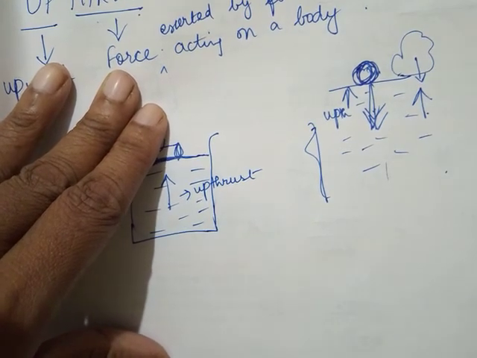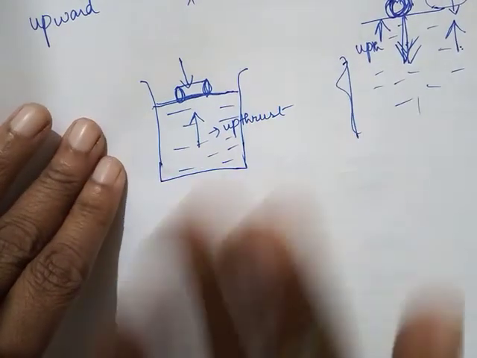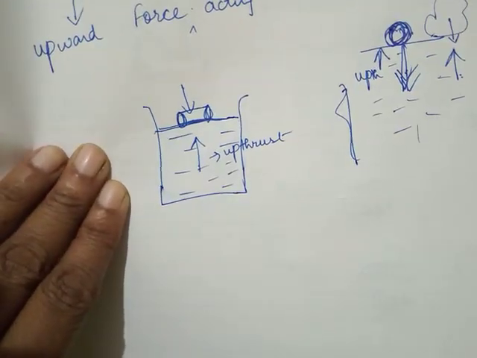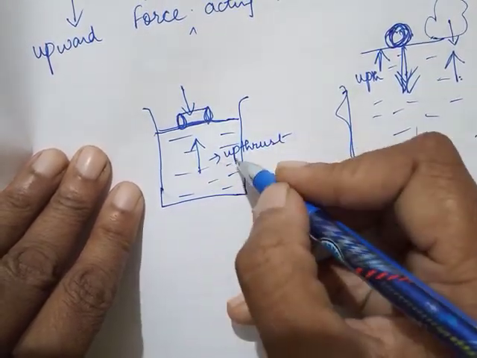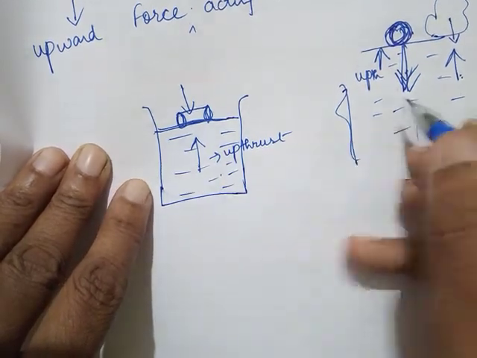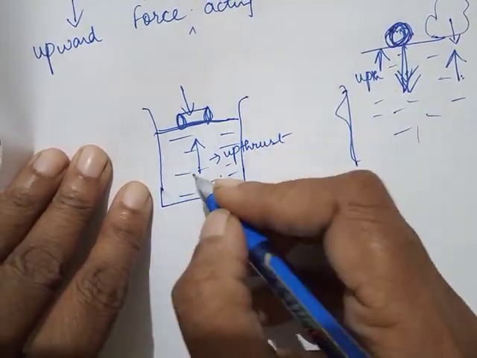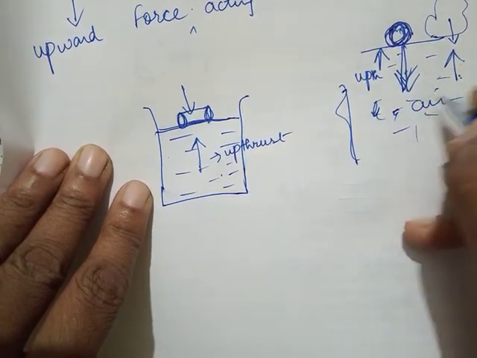So this will be dancing and dancing like that, and finally it will reach. So the point is, every body on the surface of earth is under the influence of this upthrust by the surrounding medium, be it liquid or air.